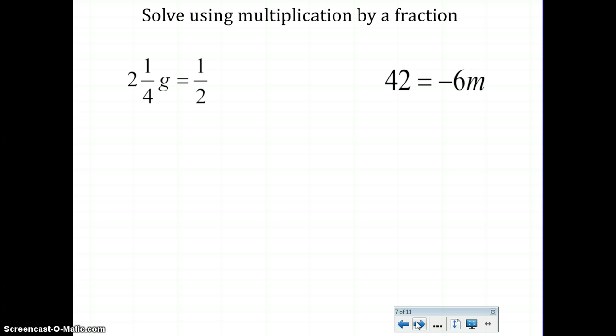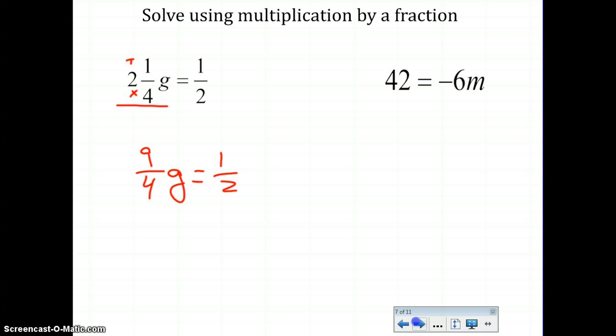Okay, now when we're looking at using a fraction, this first one, 2 1/4, I would change it to an improper fraction. 4 times 2 is 8, plus 1 is 9. So we end up with 9/4 g equals 1/2.